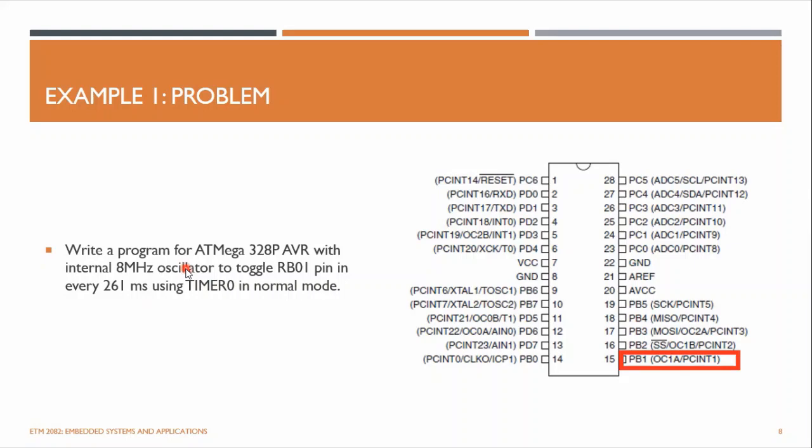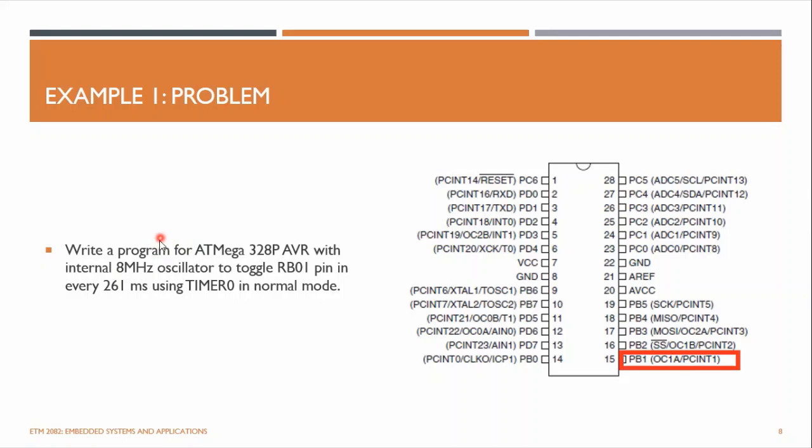Right. One important thing you need to note here is that even though you have an 8 MHz internal oscillator, the CPU clock will be 1 MHz. This is how the fuse bits are set in this device by the manufacturer when it is shipped from the company. So the CPU speed will be 1 MHz.